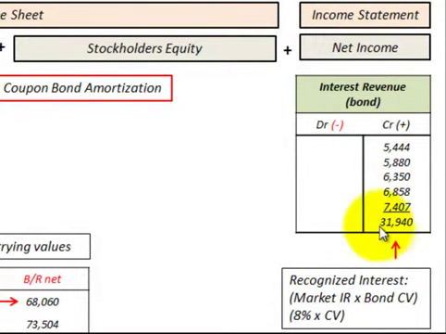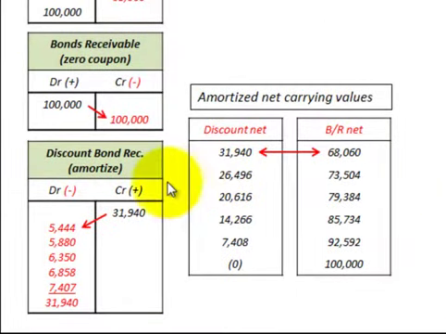So at the end of the 5th year, we've recognized $31,940 worth of interest revenue. Now that's based on the market rate of interest times the bond's carrying value each year. So if we go back and look at the relationship between this bonds receivable and this discount to bonds receivable, we can see that as we amortize the discount down to a zero balance, we actually increase the bonds receivable account by that amortized amount each year.